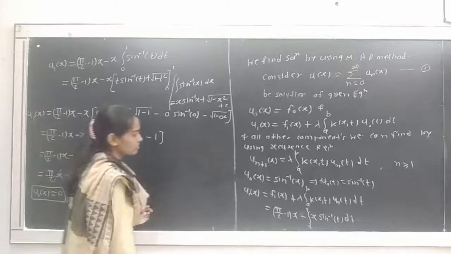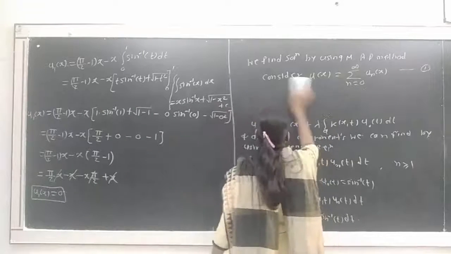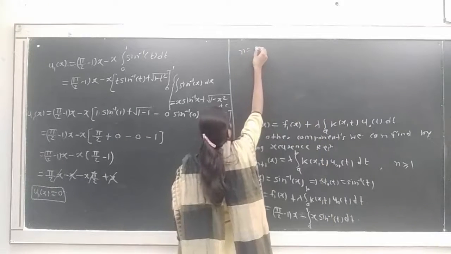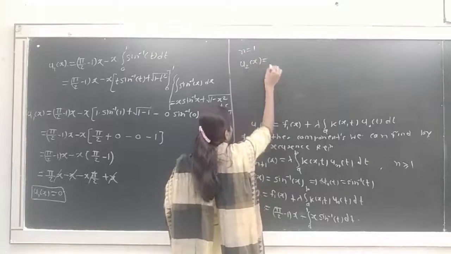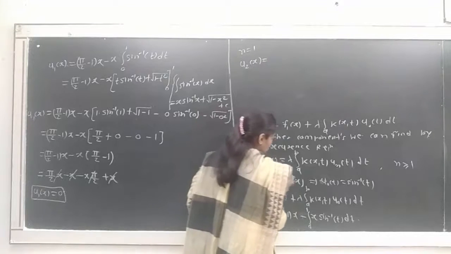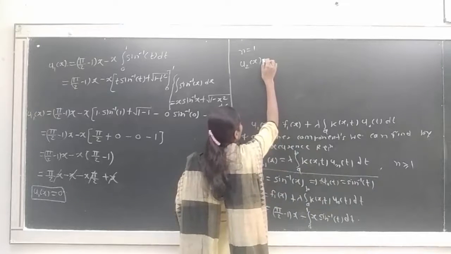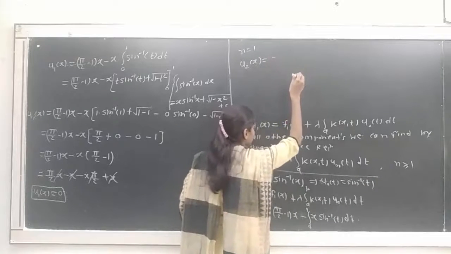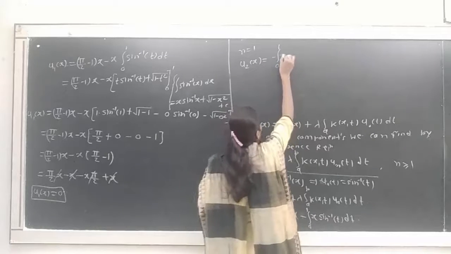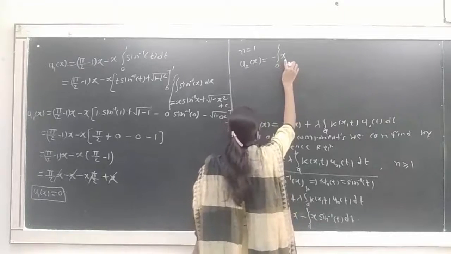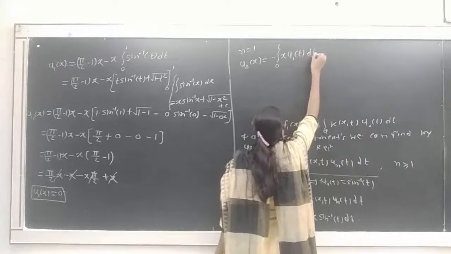See here, for n is equal to 1, we get u2 of x from this recurrence relation. u2 of x is equal to, lambda is minus 1, so minus integration from 0 to 1 of k of xt, which is x, times u1 of t dt.